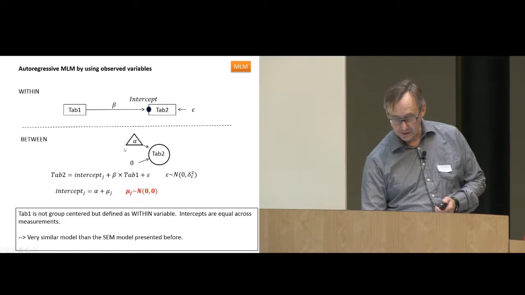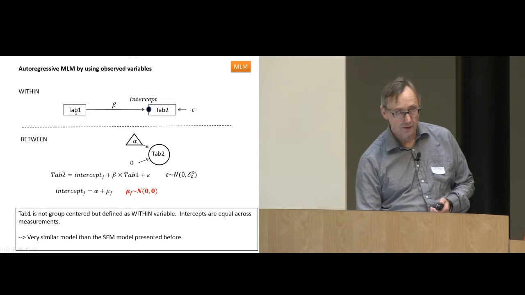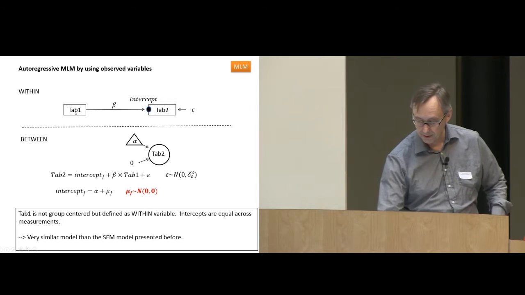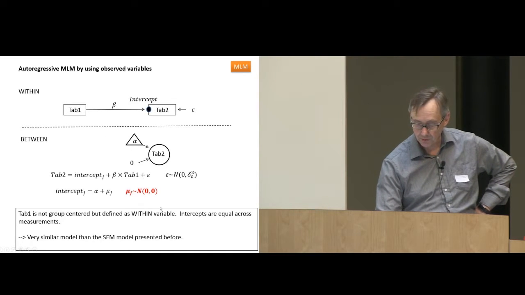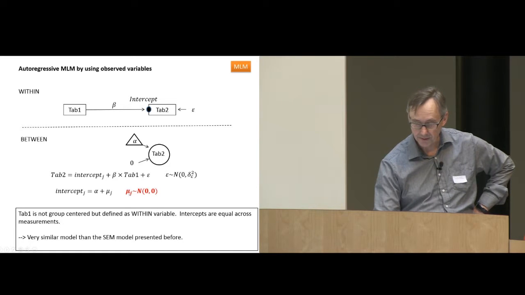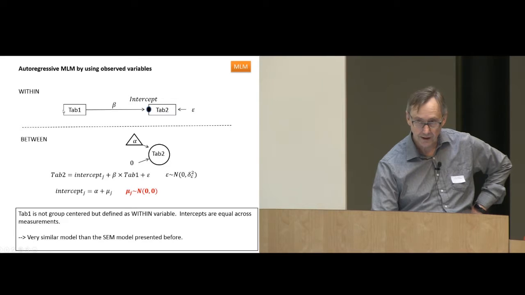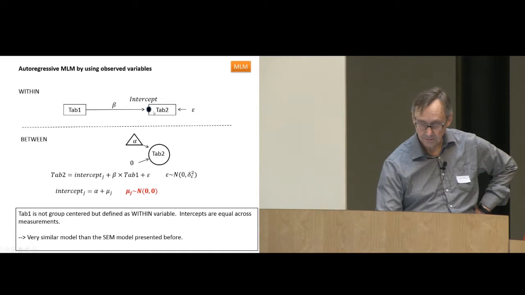When I do this model, the tab 1 is not group-centered, meaning that all the values are raw data. But in the model, when I use the Mplus program, I define it as a within variable. I tell the program that all the variation is within variation. And then it estimates the beta coefficient.